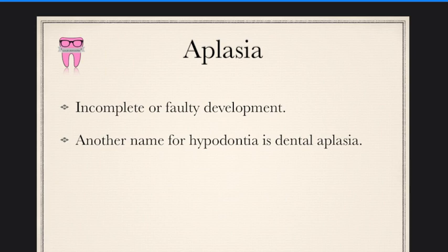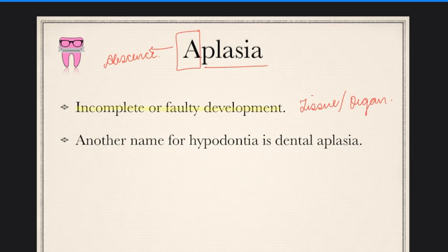The next term which we are going to study today is aplasia. Plasia is again cell division, but whenever you see a word being prefixed by A, it signifies absence. Absence of cell division results in incomplete or faulty development of a tissue or an organ.